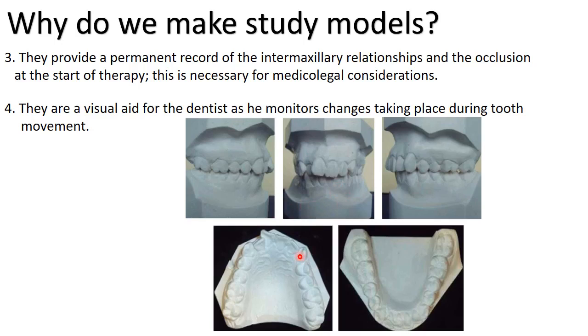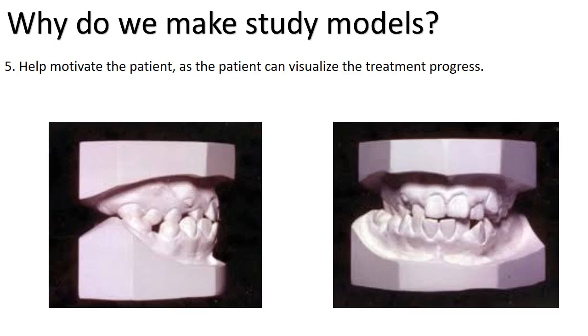You can monitor the changes and the kind of tooth movement you need when you look at the study models. They help to motivate the patient, as the patient can visualize the treatment progress. Study models always remind the patient of his condition.